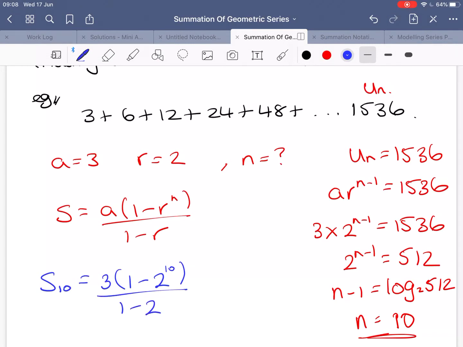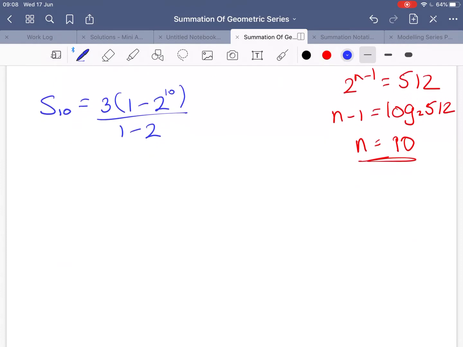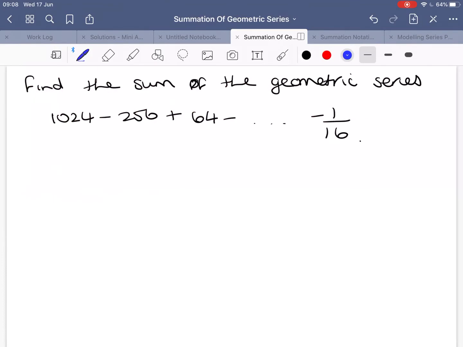Here you just use your fraction button: 3, brackets, 1 minus 2 to the power of 10, close the brackets, and in the denominator 1 minus 2. And you end up with the sum of our first 10 terms in the series is 3,069.